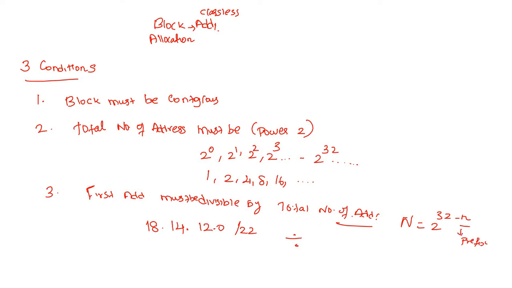Here the prefix length is 22, so from that you can easily identify the total number of addresses. To check divisibility, we first need to convert the IP address into decimal format, because it is not in decimal now.